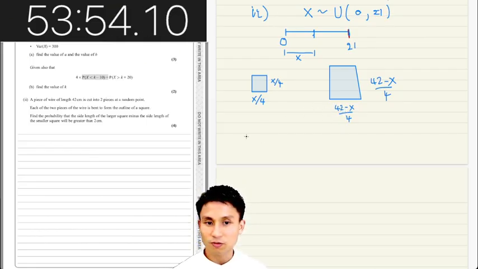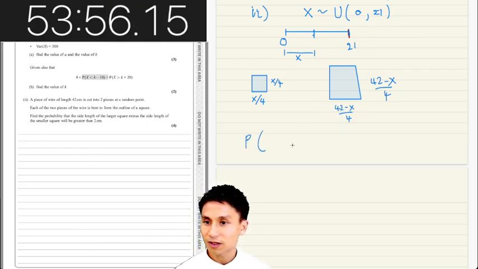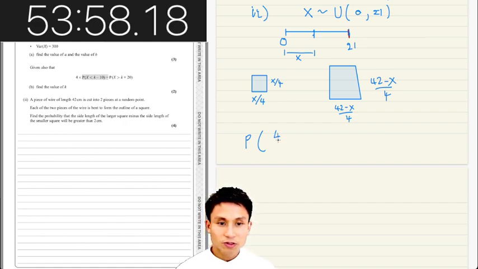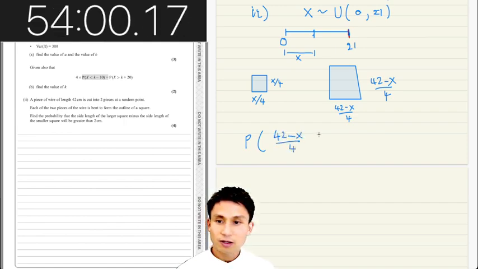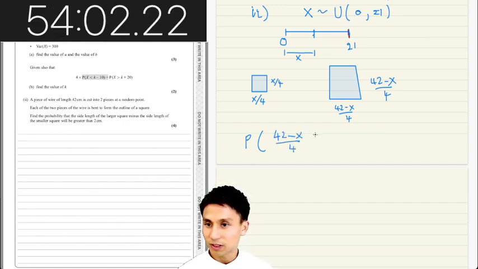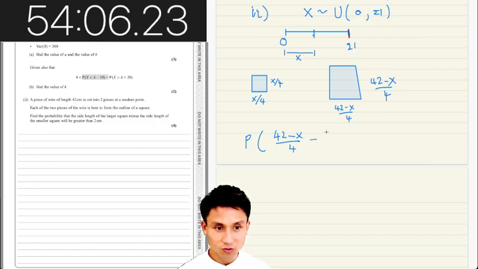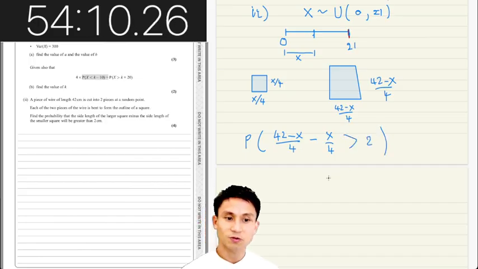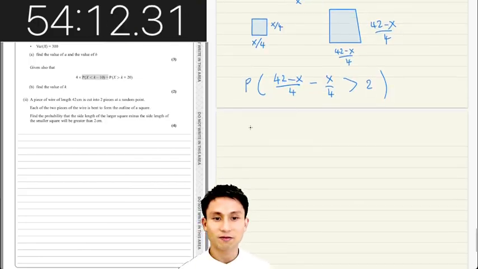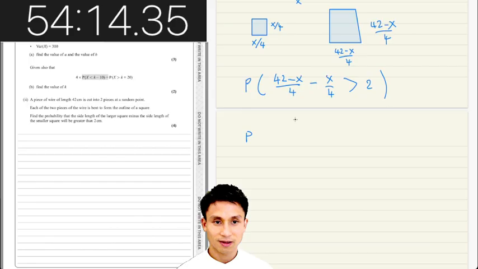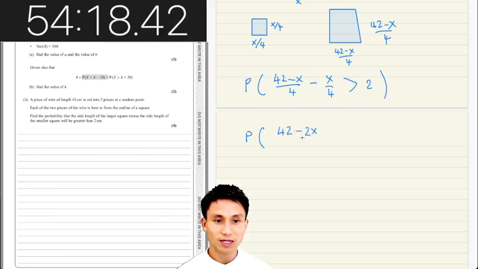So we want the probability of the larger square, minus the side length of the smaller square, x over 4, being greater than 2. If we merge the fraction, it would be 42 minus 2x over 4 greater than 2, right?